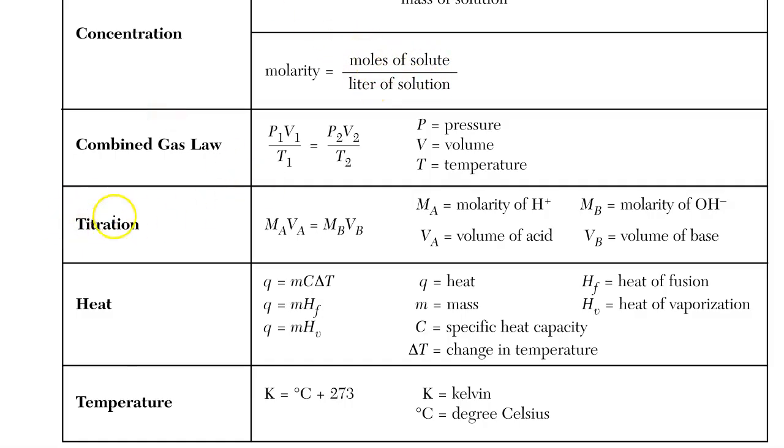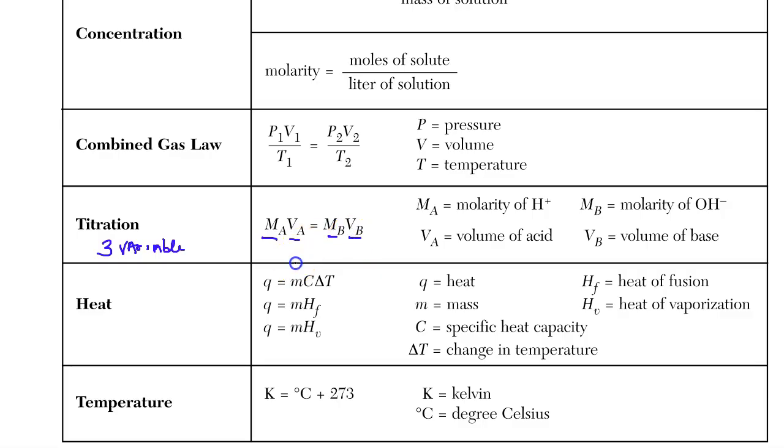So in this formula, if you have three variables, what could those variables be? It could be molarity, volume, and molarity, and you're solving for the volume. That's the case that we're solving here. In this example, we actually have the molarity of the base and the volume of the base.